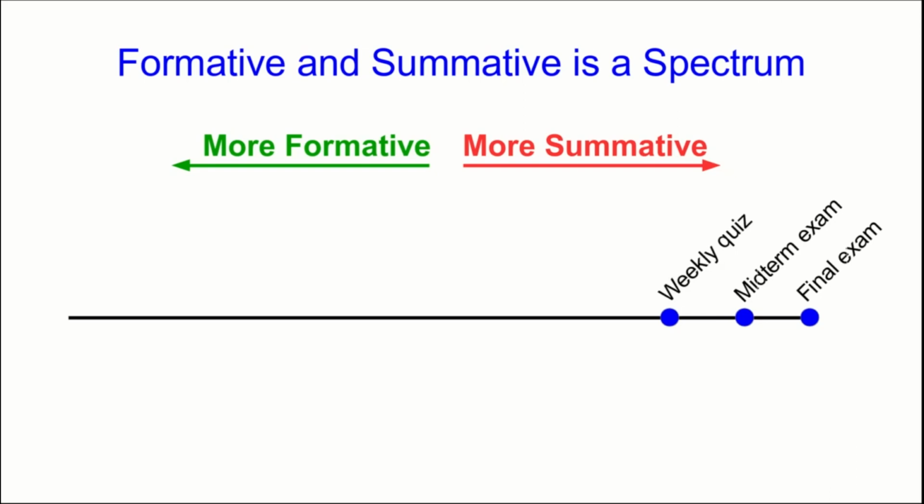Similarly, weekly quizzes are a little more formative because of the frequency of potential feedback, but the actual feedback is likely not very good. However, as soon as you give multiple tries on quizzes, which is hard to do in class but very easy to do online, it now has significant formative value.